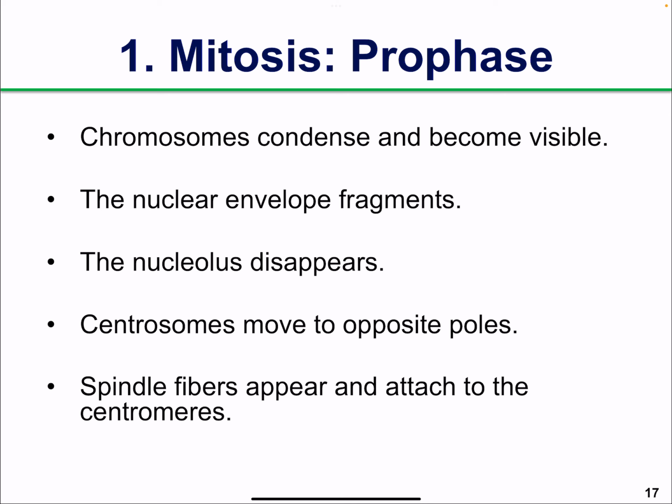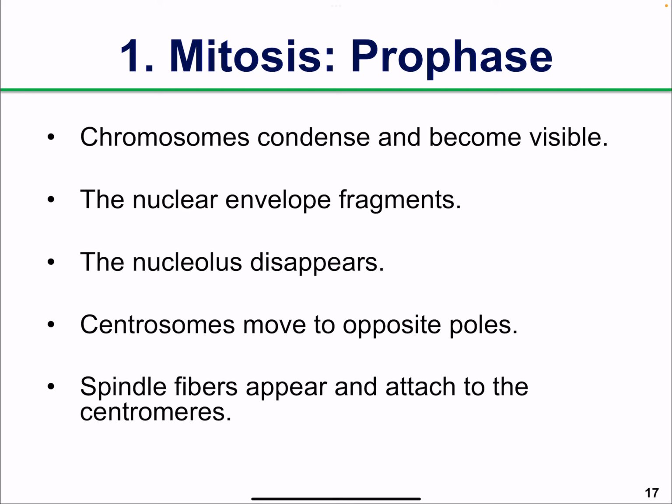All right. During prophase, the chromosome is going to condense, it becomes visible, the nuclear envelope is going to be completely disorganized and fragmented. The nucleolus, which is a dense part of the nucleus, right, is going to disappear.